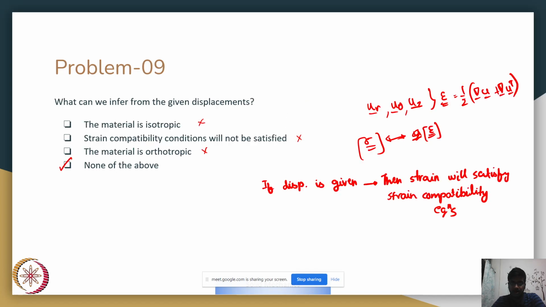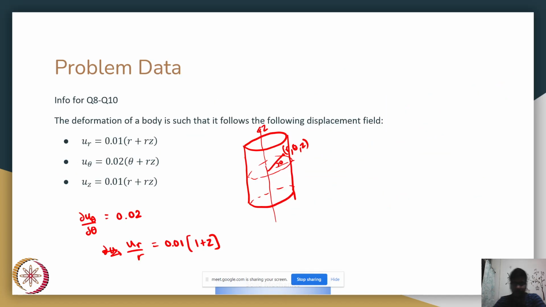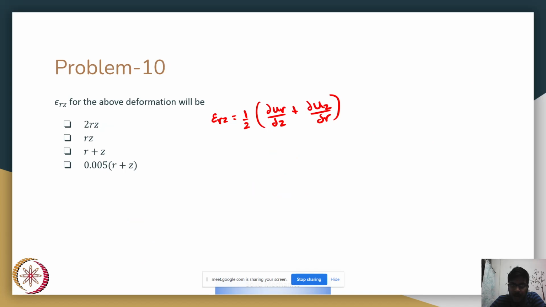So this is epsilon rz, right? We are being asked epsilon rz, not gamma rz, right? You remember this, right?